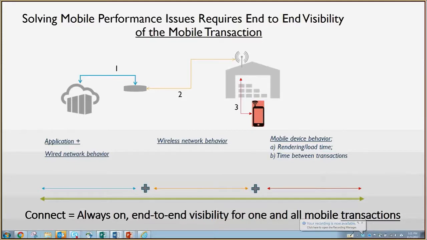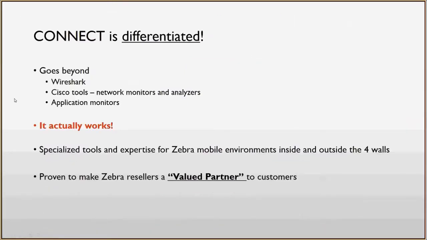Gosh, it sounds awfully like Wireshark or some other network monitors. Is that what you're referring to? That's close. It's close, but this is where Connect really differentiates. Our mobile diagnostics go far beyond those commonly used tools such as Wireshark or Cisco network analyzers and application monitors, which everybody will have, right? But still, we're such a value because Connect software has a secret sauce, okay?